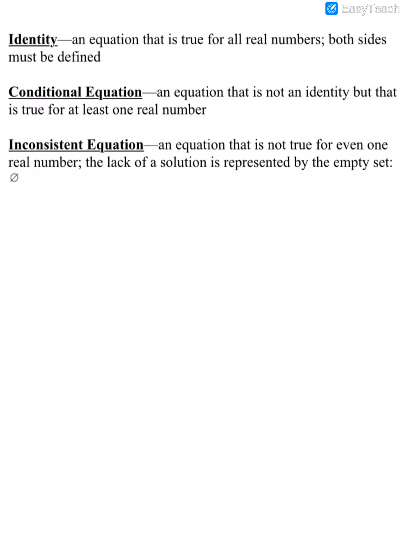In our equations, we can have some different types of solutions. An identity is an equation that's true for all real numbers. Both sides must be defined. So the equation that we just looked at was undefined because we didn't have a solution for it.